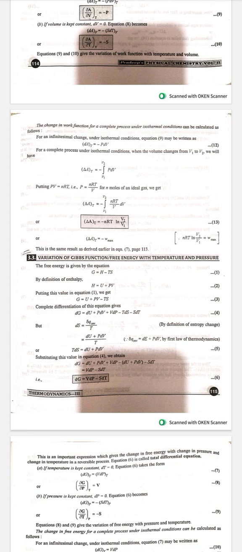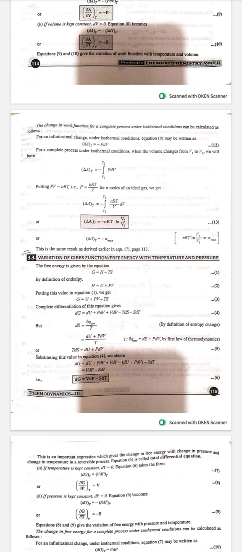For an infinitesimal change under isothermal condition, the equation may be written as dA at constant temperature is equal to minus P dV. For a complete process under isothermal condition, when the volume changes from V1 to V2, we will have delta A at constant temperature is equal to the integral from V1 to V2 of minus P dV.